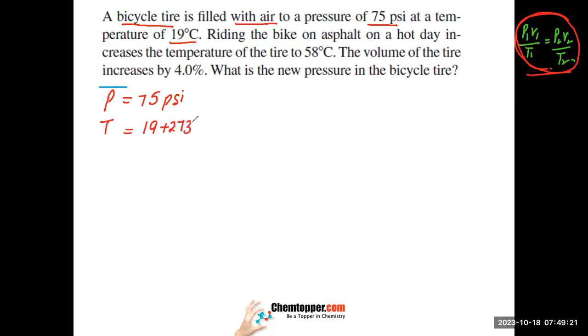In Kelvin, definitely every time. Riding the bike on a very warm day increases the temperature to this. So there's a change in temperature. So can I say this is T1? So what is T2? 58 plus 273, right?